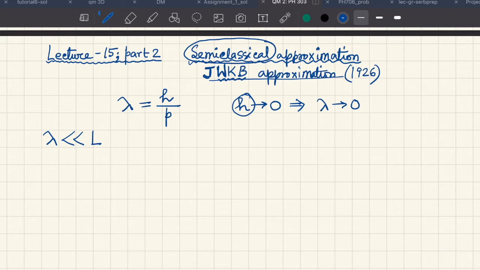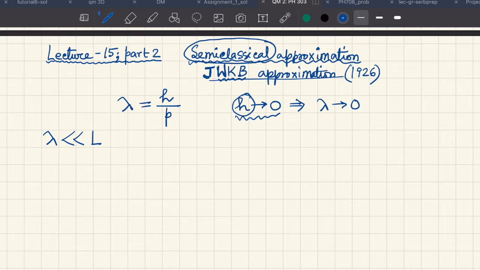So when I say that we are taking this limit h going to 0, you think of this as a thought experiment in which we imagine some other universes or worlds in which h can take smaller and smaller values, making classical physics more and more applicable. So that is some kind of a scenario that is possible.